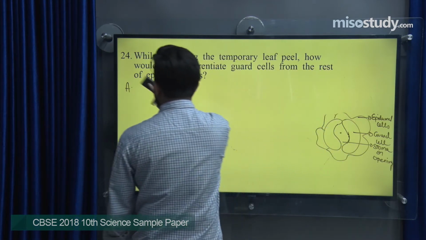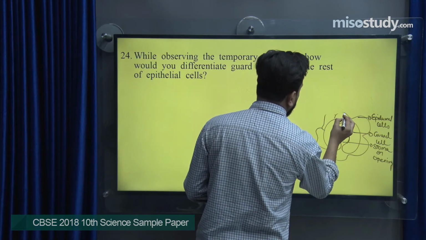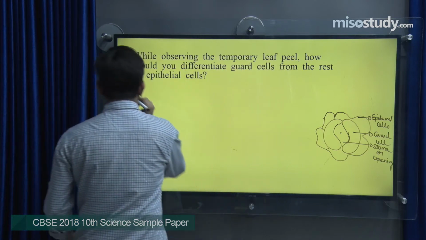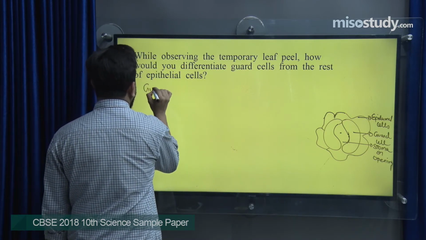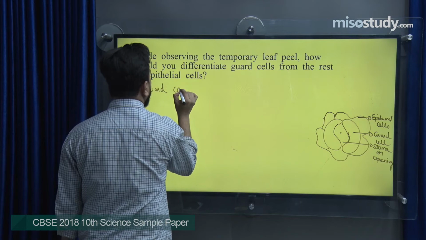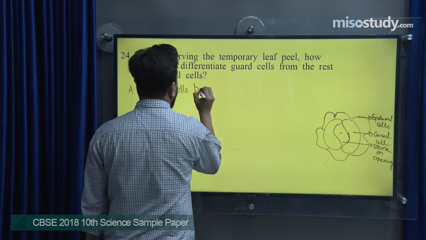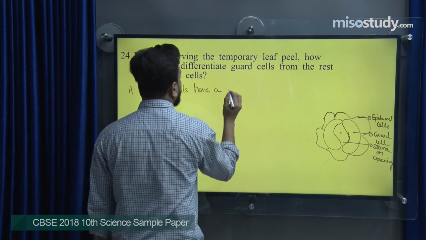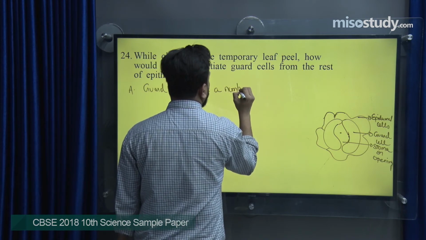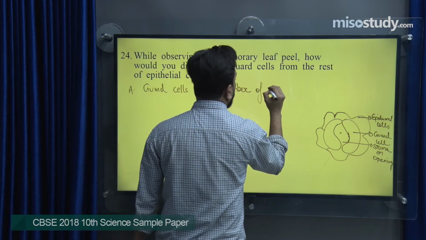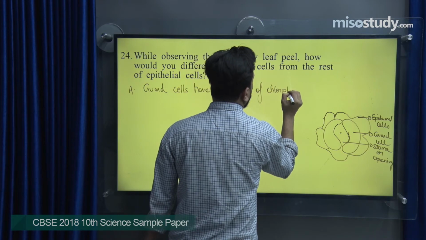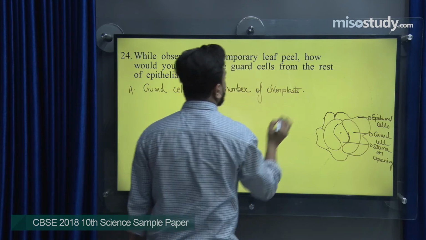Now we are going to consider the other difference. Let this diagram be here only. The other difference is, guard cells have a number of chloroplasts.